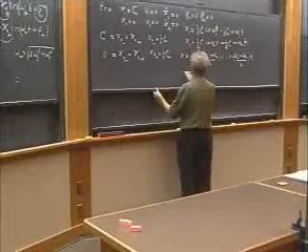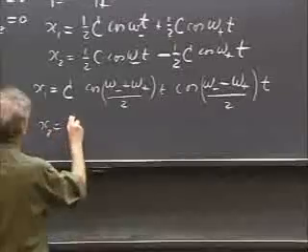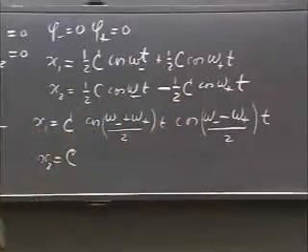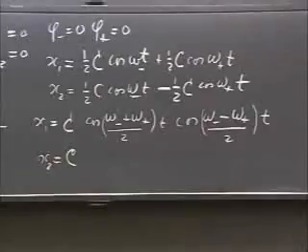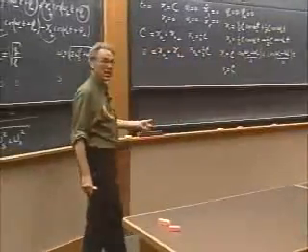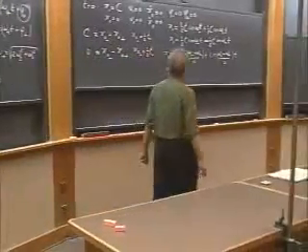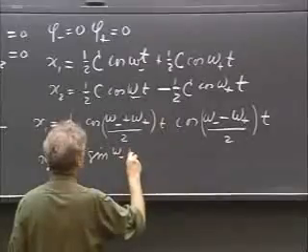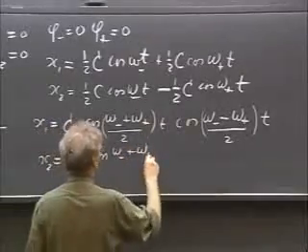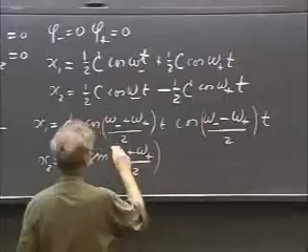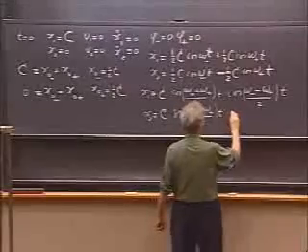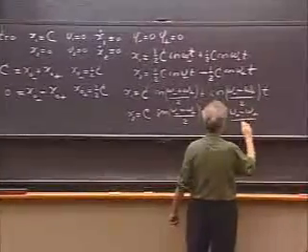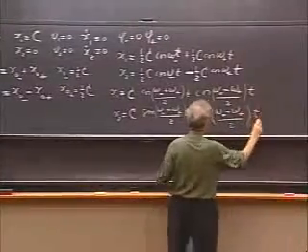And x2 as a function of time, I now have the cosine of alpha minus the cosine of beta. That is twice the sine of half the sum times the sine of half the difference. So now I get here the sine of omega minus plus omega plus divided by 2 times t, times the sine of omega minus minus omega plus divided by 2 times t.